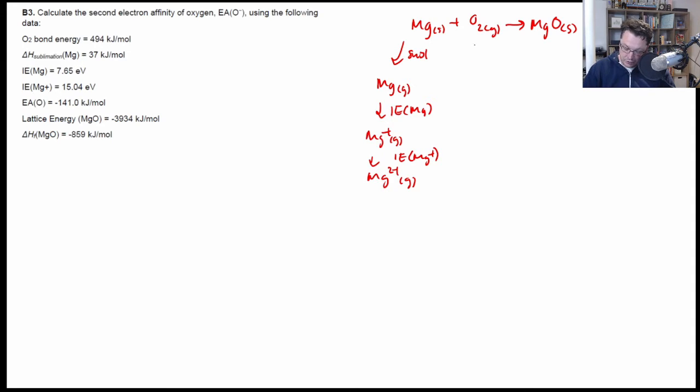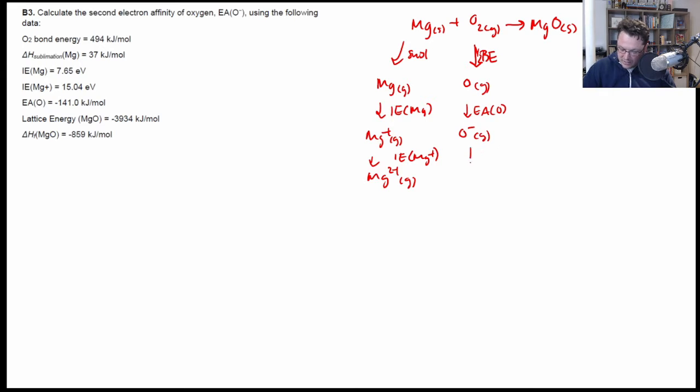In the case of O2, we have to break apart that bond, so that's half of the bond energy needed to form gaseous O. Now we're trying to go to O2 minus. By going to O2 minus, we first have the first electron affinity for oxygen, which gives O minus gas.